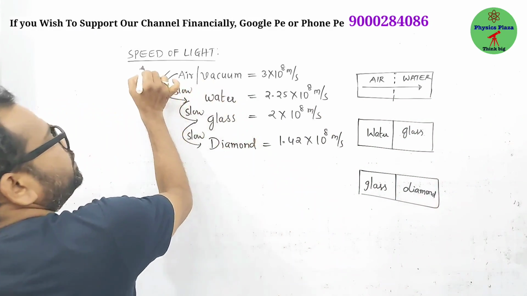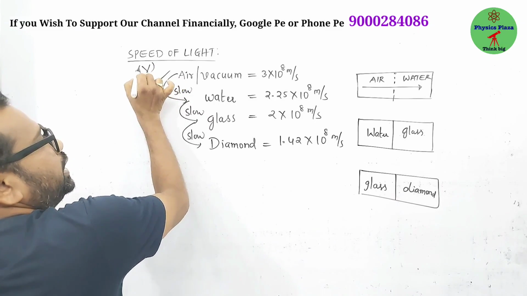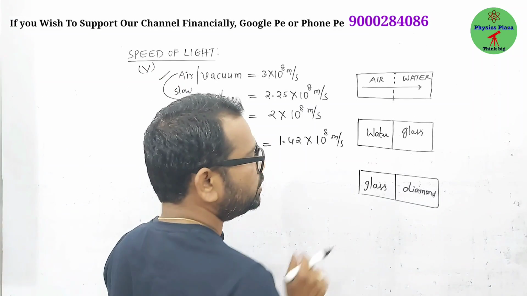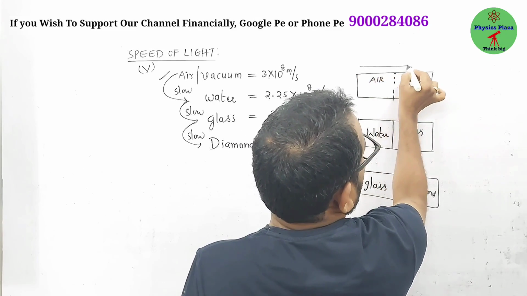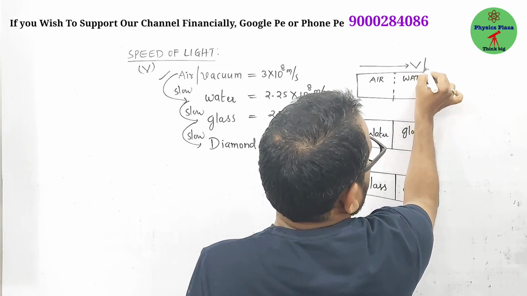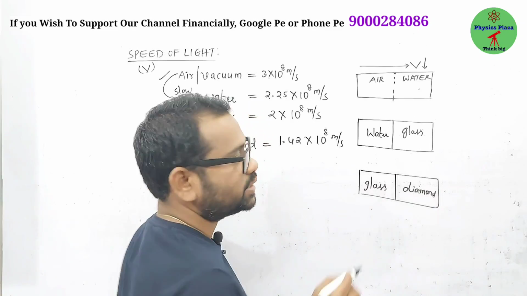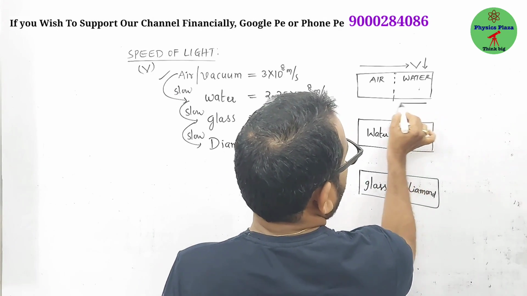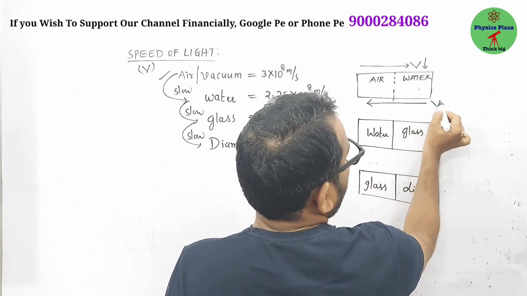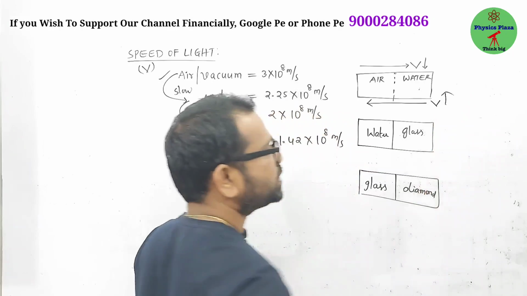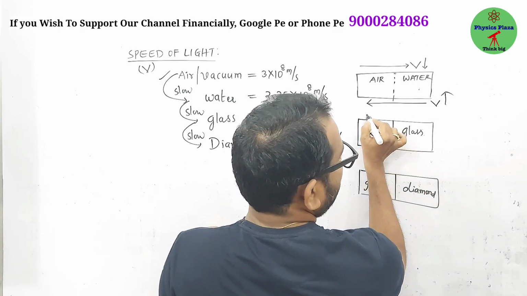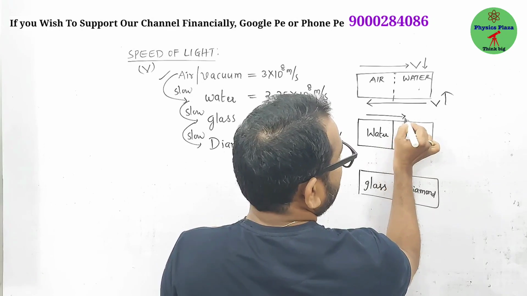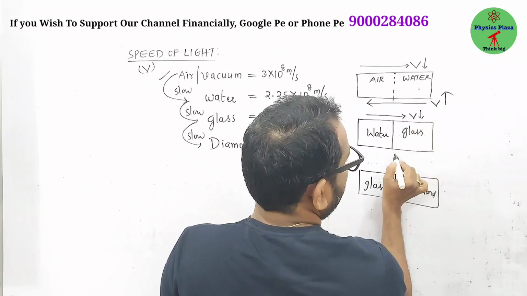Children, speed is generally represented with the letter V. Now try to understand, whenever light moves from air to water, speed decreases, whereas from water to air, speed increases. The same thing happens here also. When light moves from water to glass, speed decreases.